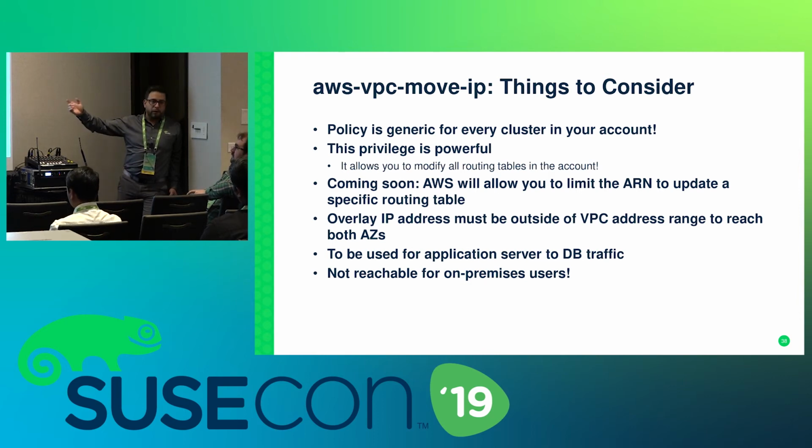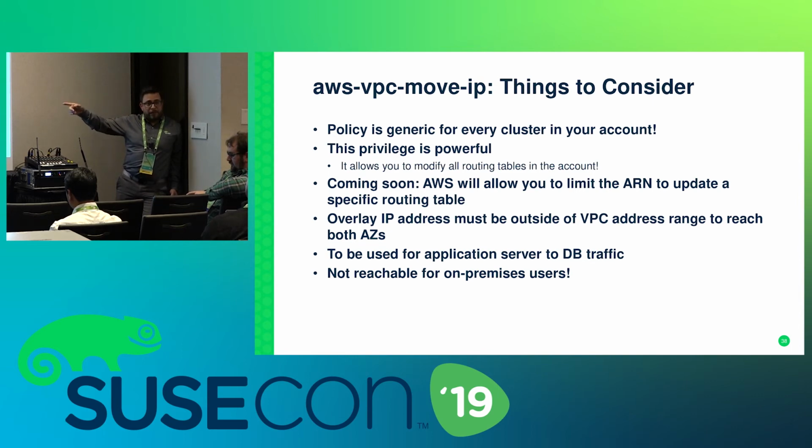For the overlay IP, you would create something like a 172.21.x address. It's a private IP that doesn't fall into the range of that VPC, because what you don't want to do is create an IP conflict. And then what you do is change that routing table.